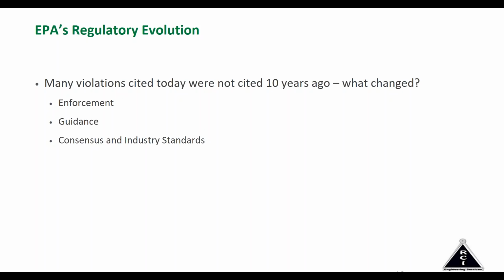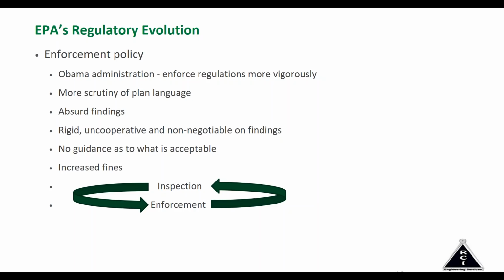Over the past 5-6 years now, the enforcement policy with the EPA has changed. The Obama administration had basically sent out an edict to enforce regulations more vigorously, and this is not just the EPA, it's to all jurisdictions, the Department of Transportation, Department of Labor.